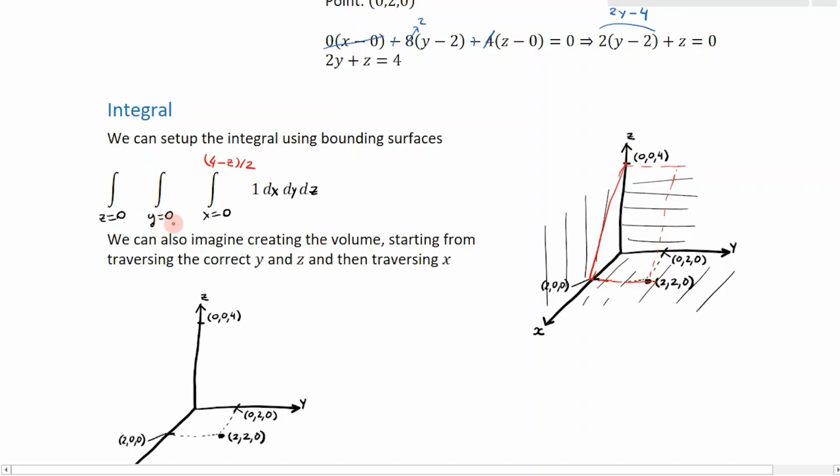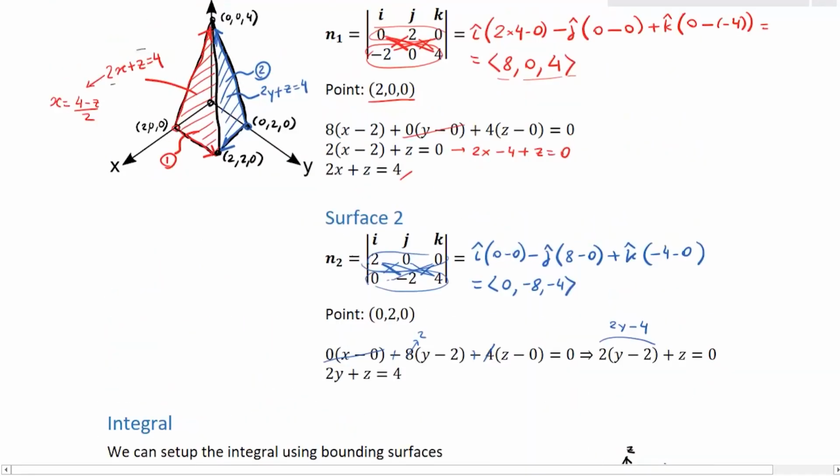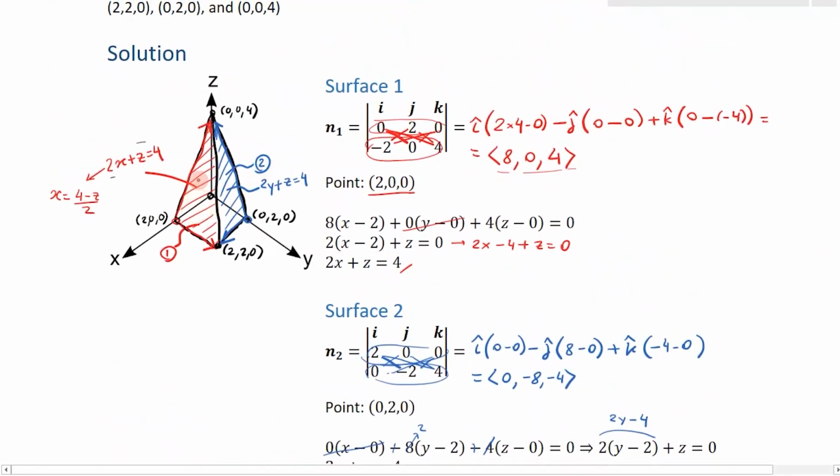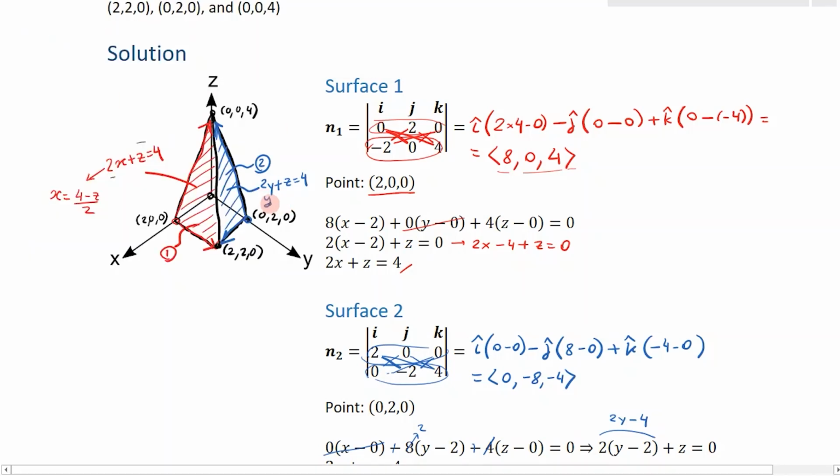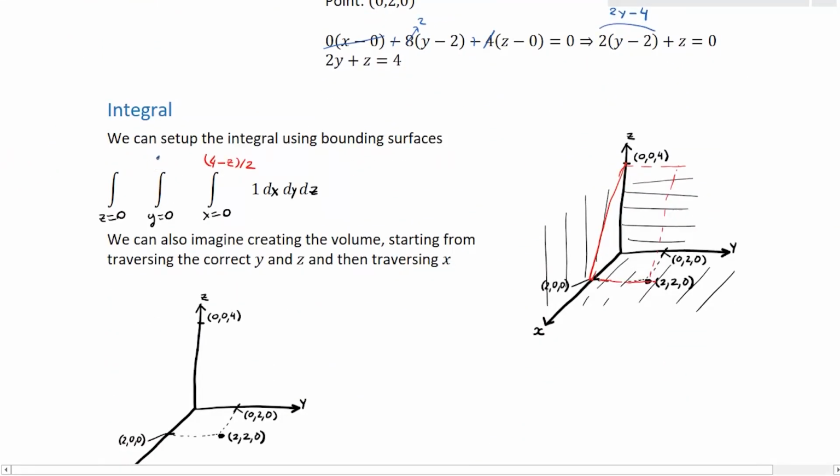Then y would be bounded by 0, and then this blue surface here. If you solve for y, this would give you y equals (4 minus z) over 2. This would be this surface.